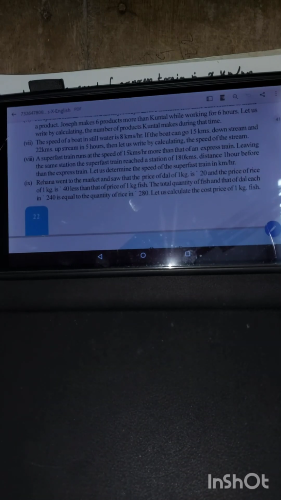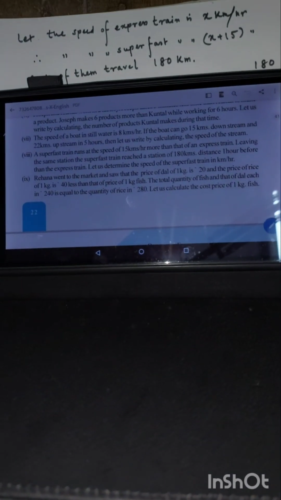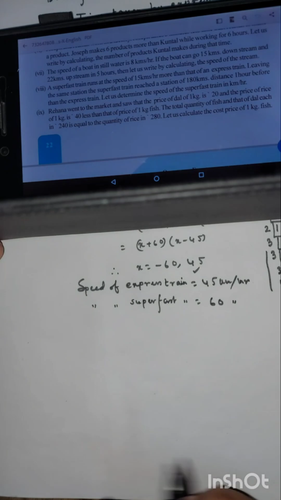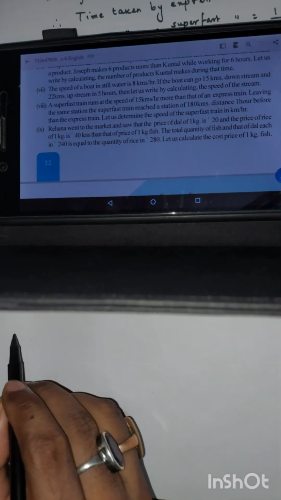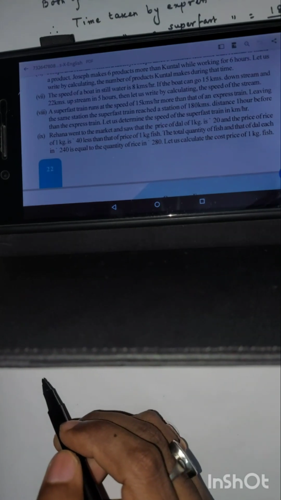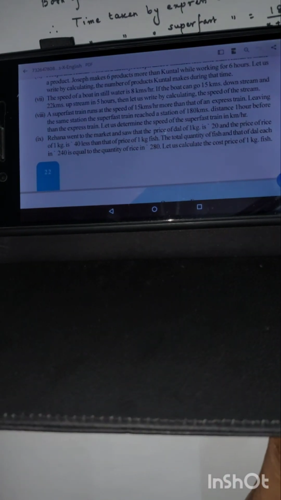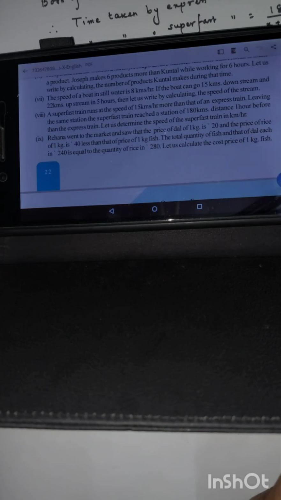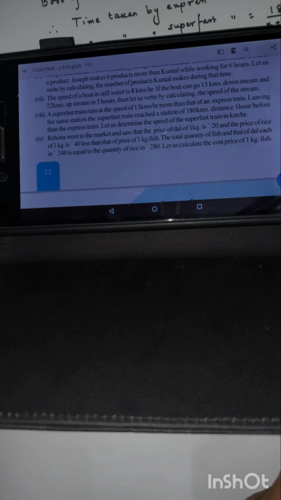Let us try to do it. So the first statement says, Rehana went to the market and saw that the price of dal of 1 kg is rupees 20 and the price of rice of 1 kg is rupees 40, less than the price of 1 kg fish.